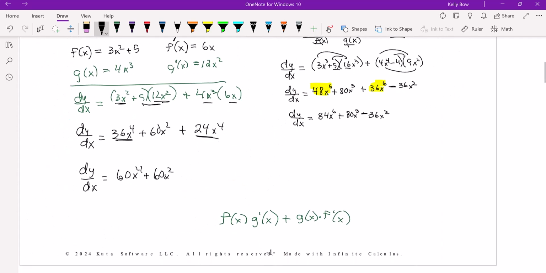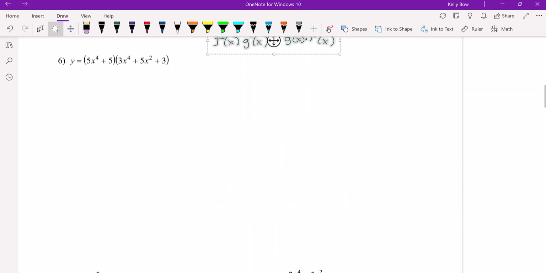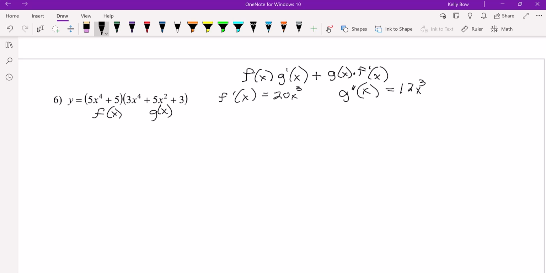And I think I've got one more down here. So let me bring down the next example. So here's our F, here's our G. So F prime is like 20x cubed, and G prime is like 12x cubed plus 10x.